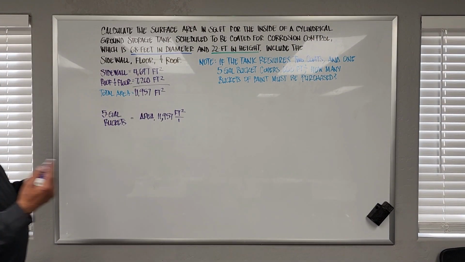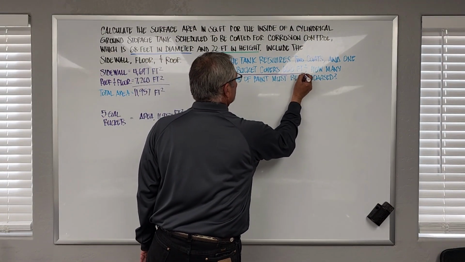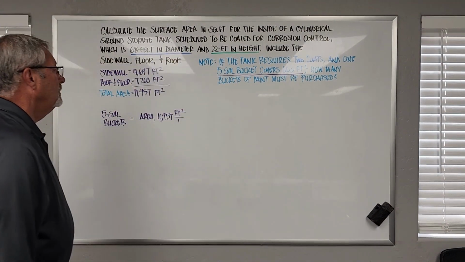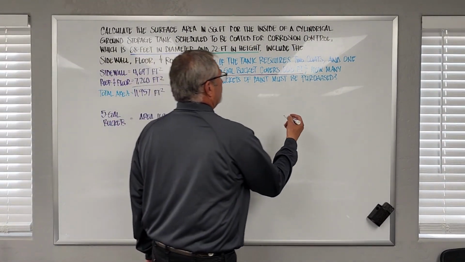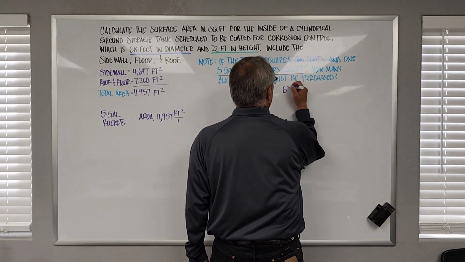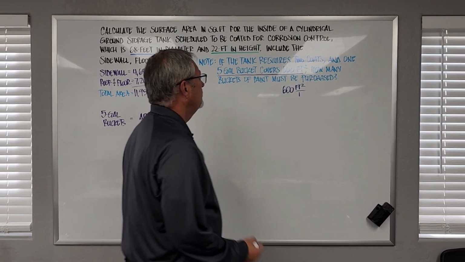And we know that one 5-gallon bucket covers 600 square feet. 600 square feet can be written as 600 square feet over 1.